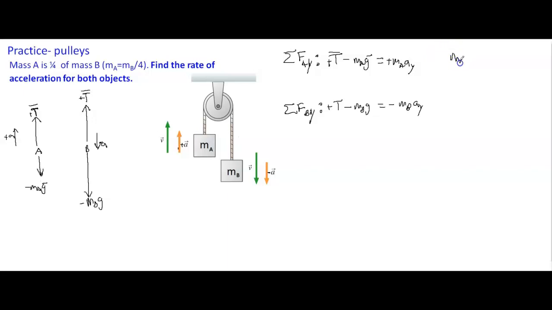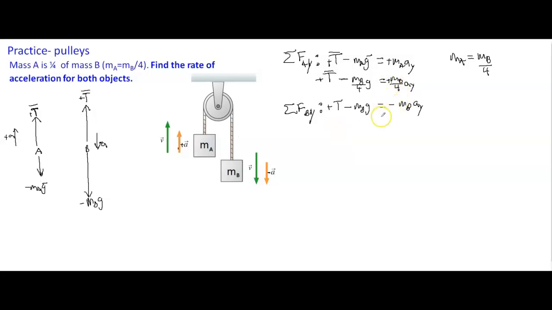Again, mass A is equal to mass B divided by 4. So we're going to plug that into here and here. So we have a tension vector pointed up, we have mass B divided by 4 times G, and that's equal to mass B divided by 4 times the acceleration in the y direction pointed up.